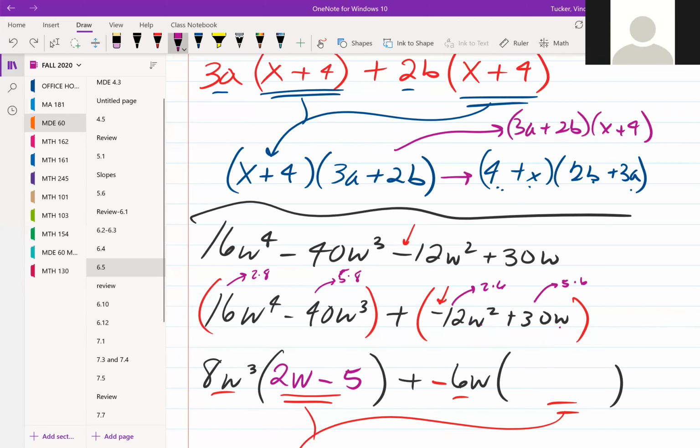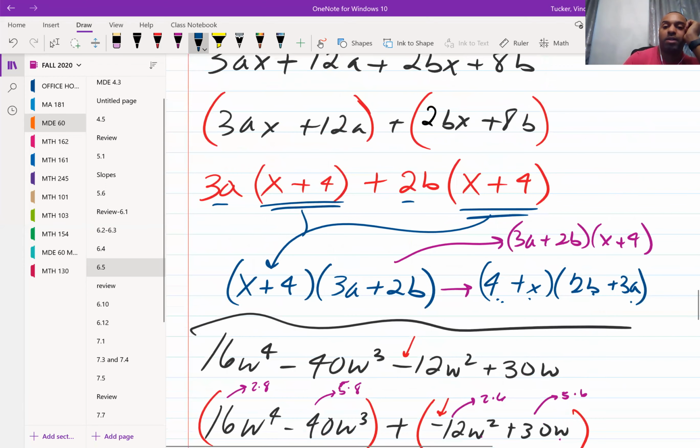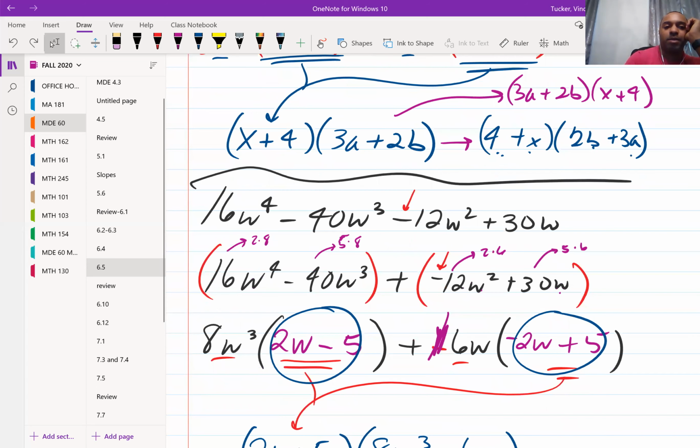All right. So I pulled the negative out as well, but I'm going to act like I didn't because I wanted you to see what would happen. If all I did was pull out 6w, not negative 6w, but just 6w, I would be left with negative 2w plus 5, right? But what I need is for both of these parentheses to be the same. Remember, that's what happened up here. I had x plus 4. That was the same. That allowed me to move further in the process. So I need both of these to be the same as well.